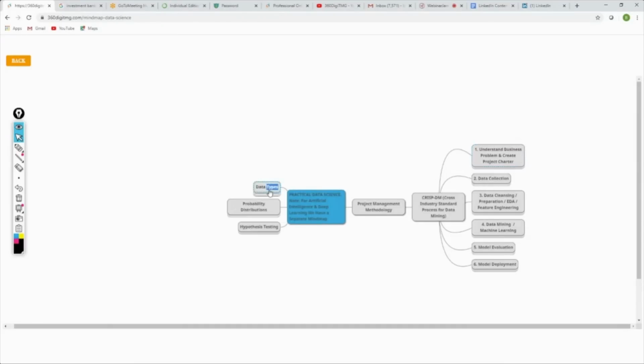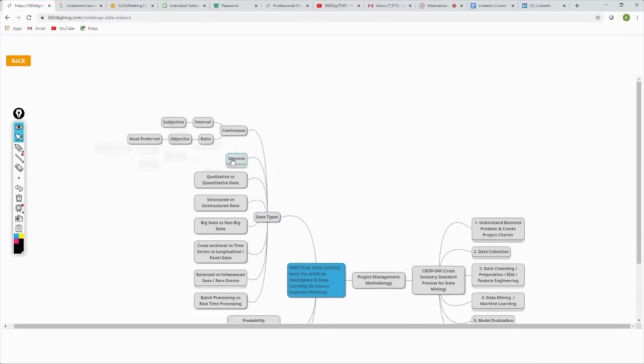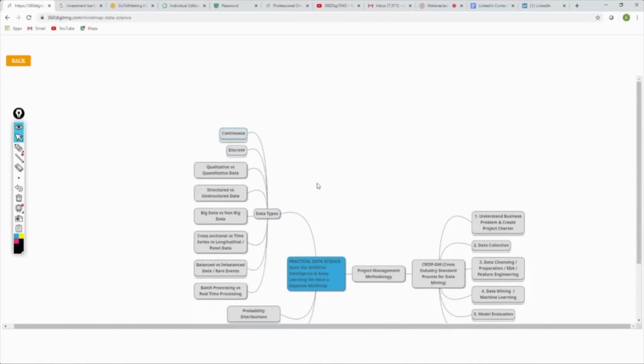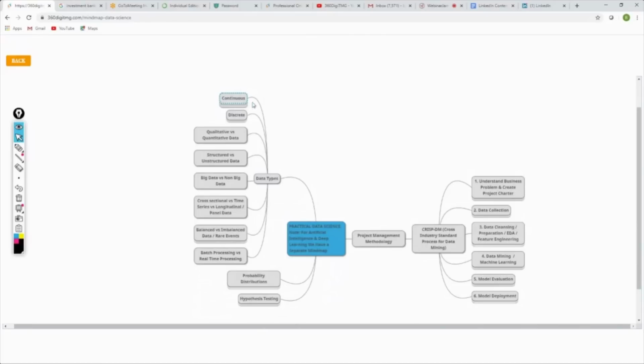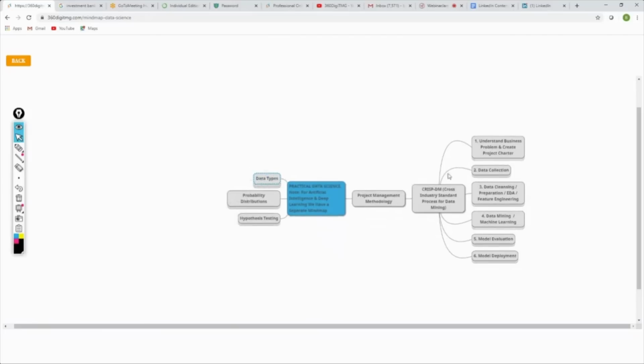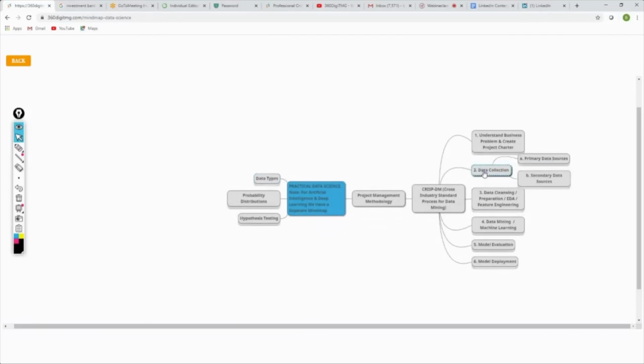Even before that, there are a lot of data types which you should be aware of. We discussed continuous data and discrete data. Once you understand the data types, you proceed further with data collection. There are two data collection mechanisms: primary data collection and secondary data collection.